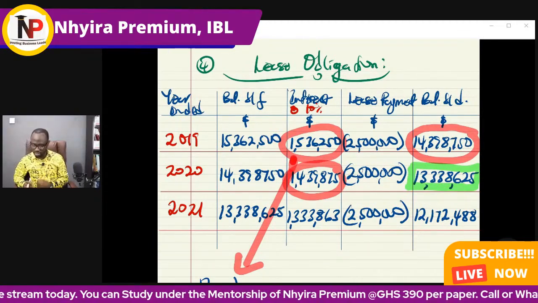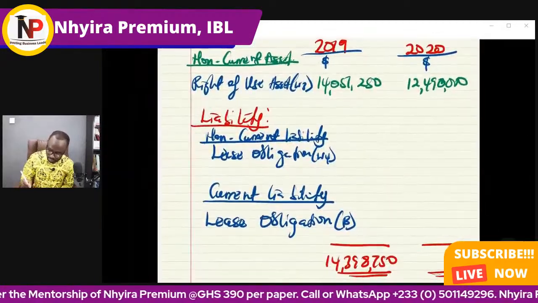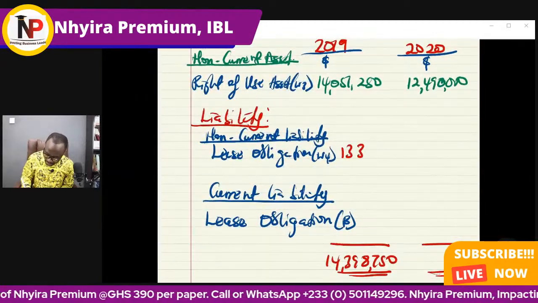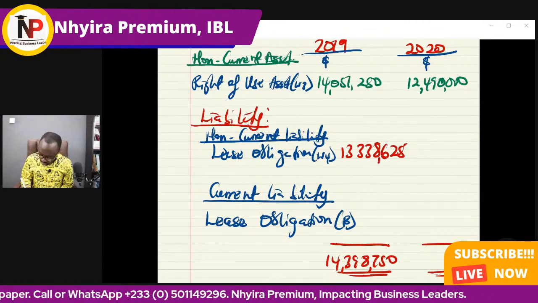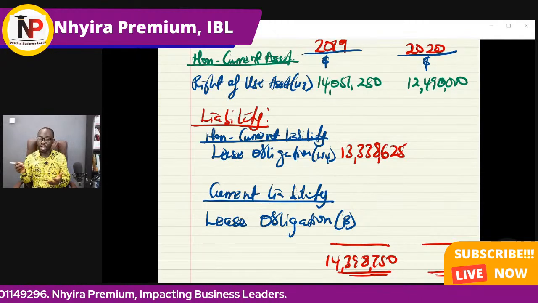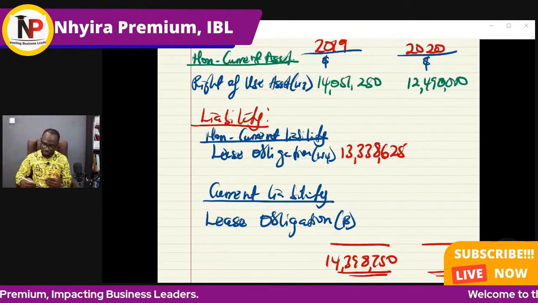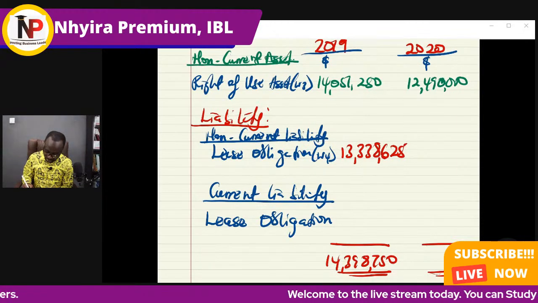So that is 13,338,625. That becomes the non-current, so that the balancing figure becomes the current liability. Does it make sense?